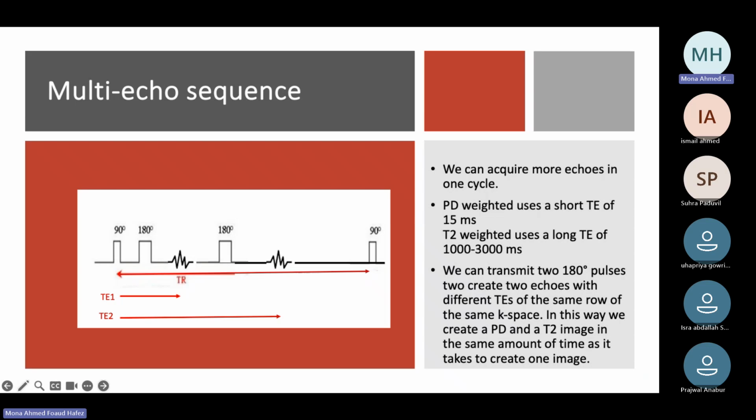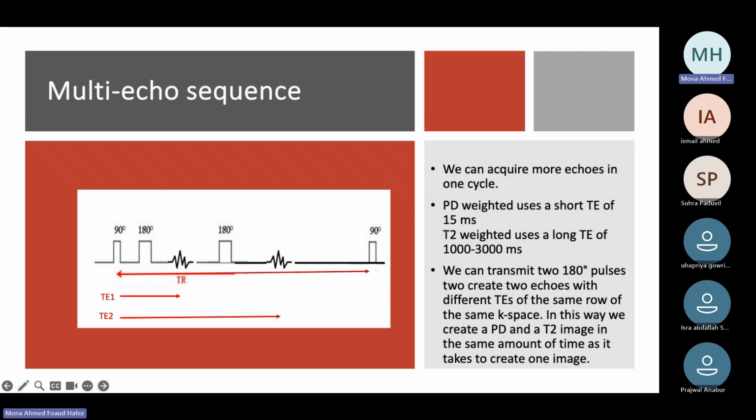Multi-echo signal is another way to save time. We can acquire more echoes in one cycle. Proton density uses a short echo time, and T2 uses a long echo time.